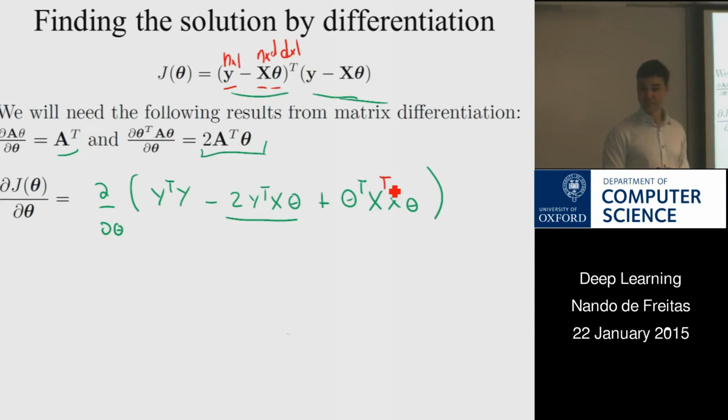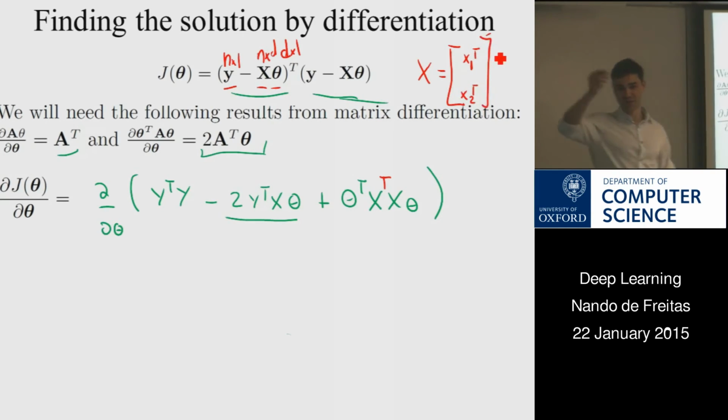Nando, I'm sorry to interrupt, but your x's are column vectors, but when they're in the matrix, they're rows. Is that correct? I think the way I define them, and it varies according to the lecture, I've defined them this way because I wrote them initially as rows. It's all about definition.